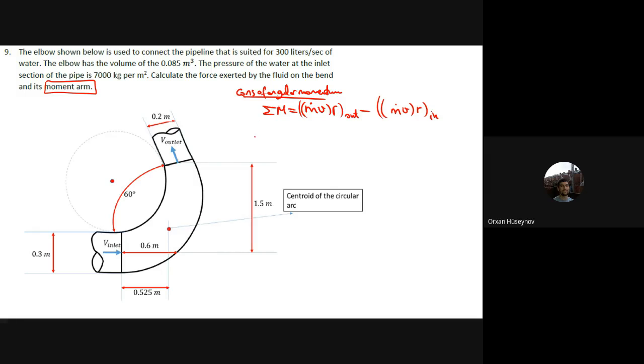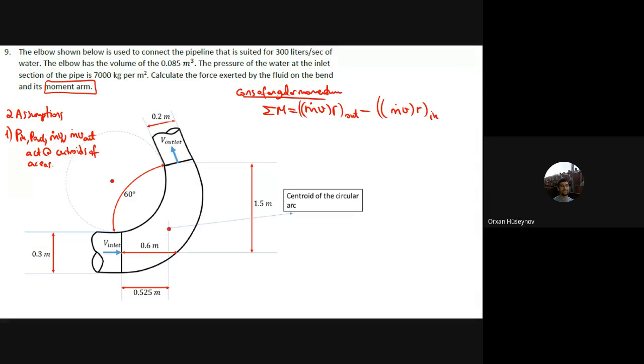Before doing the example, we will make two assumptions here. The first assumption is that the pressure inlet, pressure outlet, and the mass flow rate or momentum rate at inlet and outlet act at the centroids of areas.